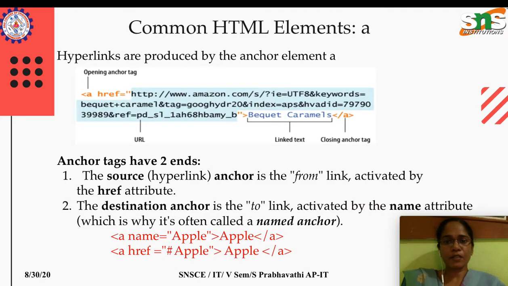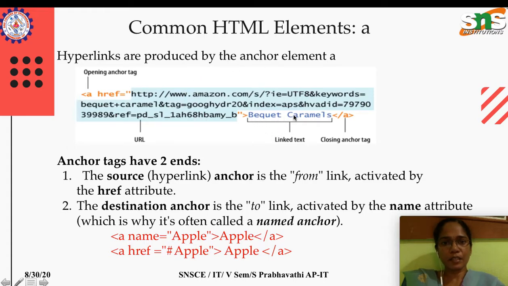And hyperlink. As you all will know, if we click the link, it will take us to some other location. That is achieved by means of the HTML element a tag. The a is nothing but the anchor tag, followed by the attribute href, and within the double quotation we need to mention the link.